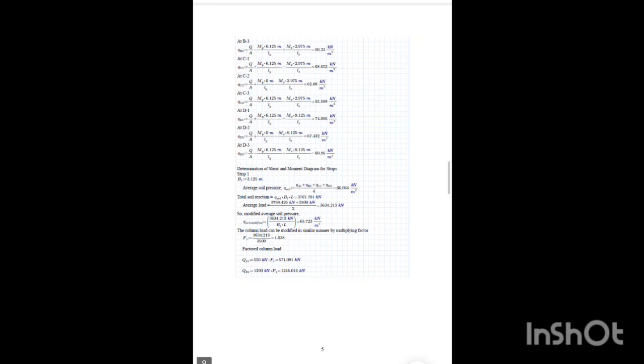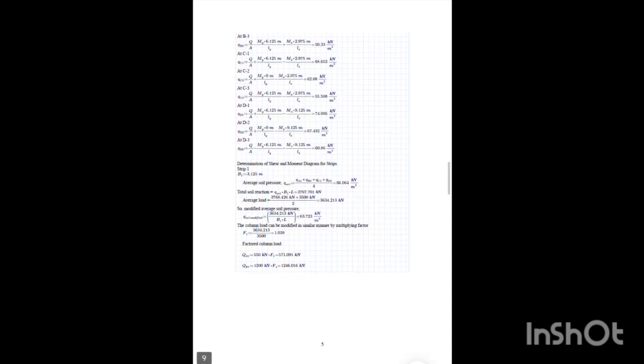The column load can be modified in a similar manner by multiplying factor F1, 1.03, at the factored column load. QA1 550 kilonewton, F1 571.091 kilonewton. QB1 1200 kilonewton, F1 1246.016 kilonewton.